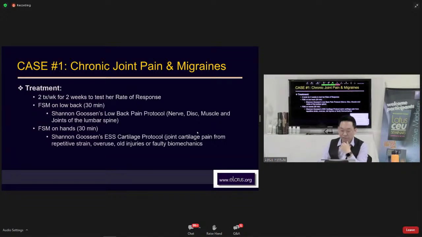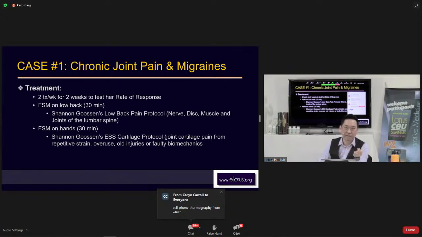Which is joint cartilage pain from repetitive strain, overuse, old injuries, or faulty biomechanics. That's all we did. Going back to what I was saying, we know exactly what each of our tools can and cannot do, the limits of each of our tools. So we treat some patients strictly just with FSM, nothing else, right?